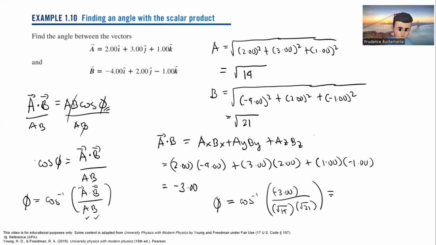Shift cosine of negative 3 over square root of 14 times square root of 21.